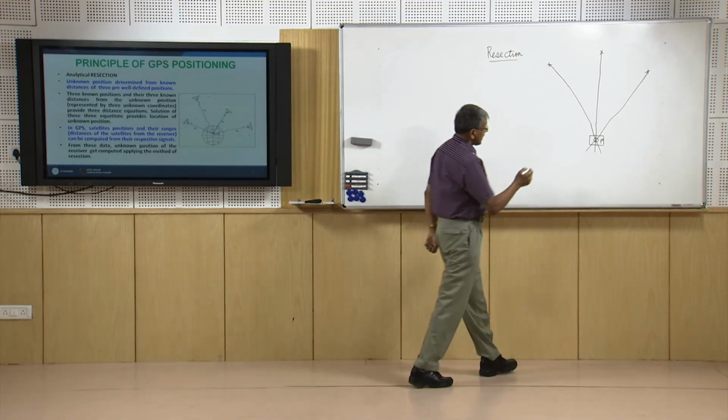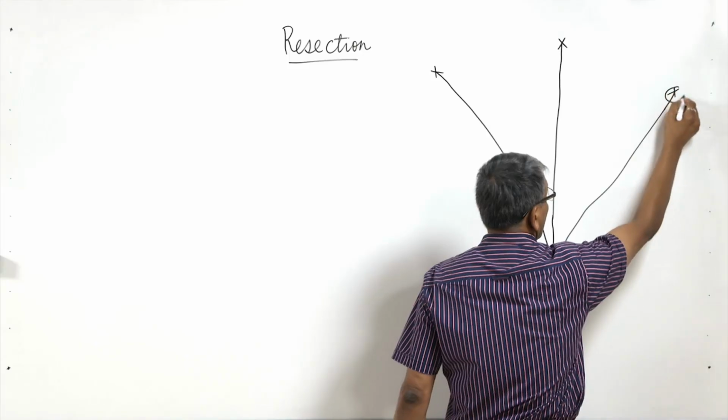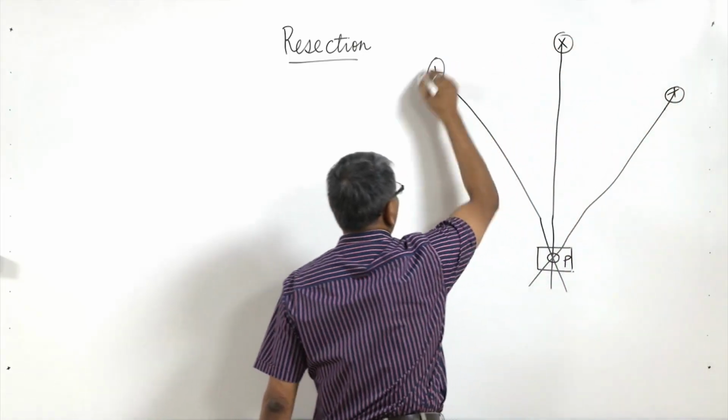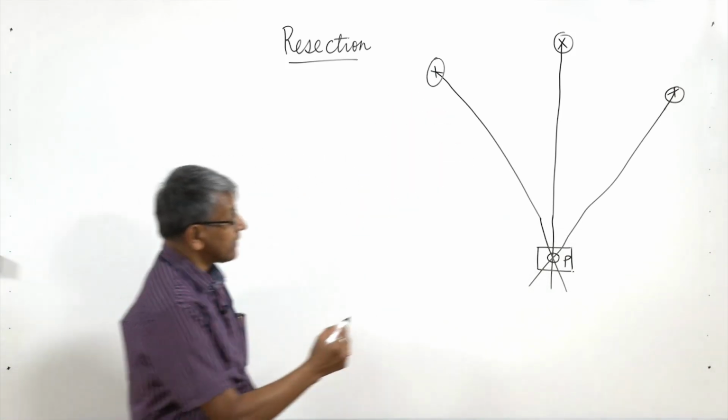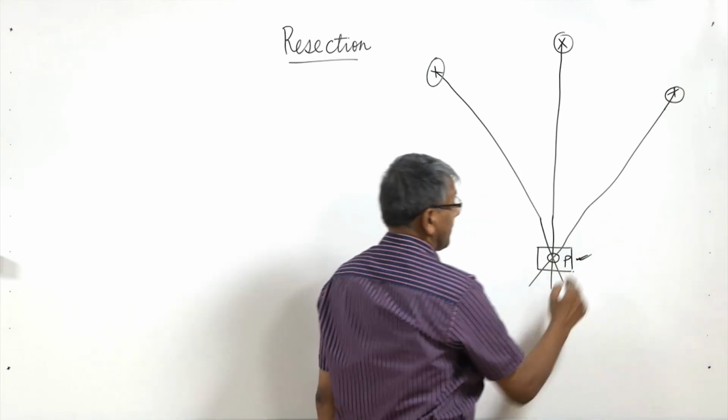So in this way, from 3 known objects and their orientation, we can get the location of an unknown point.